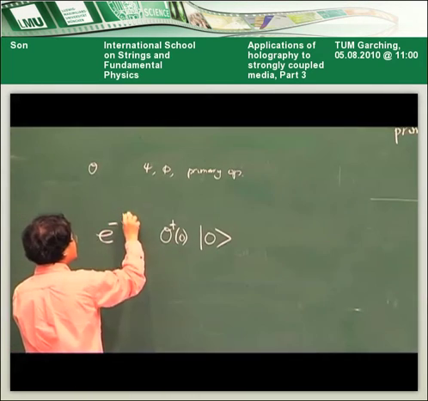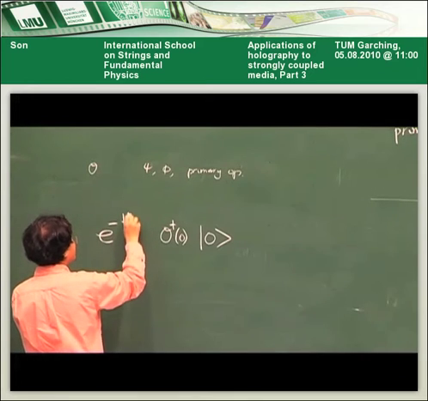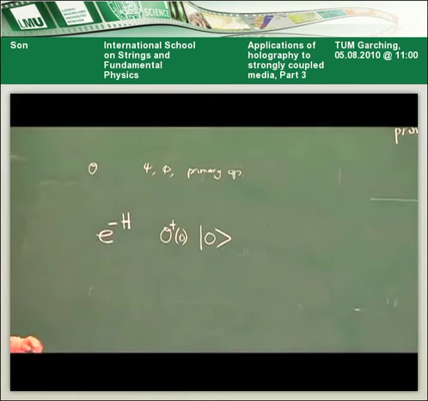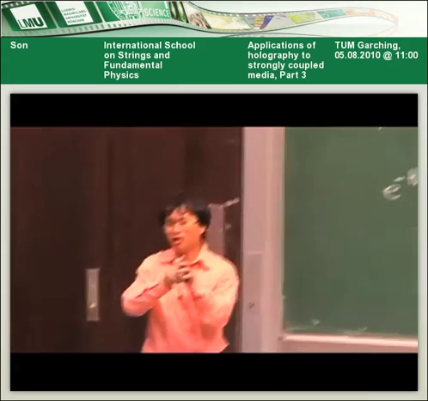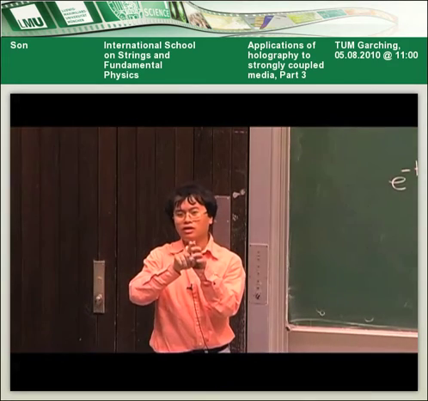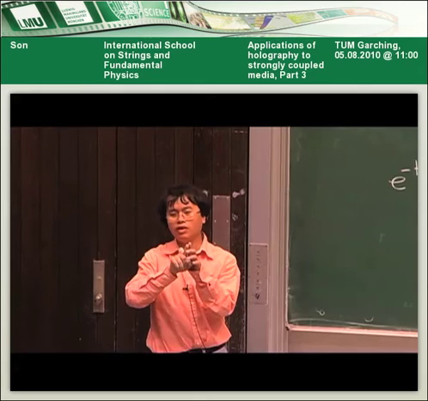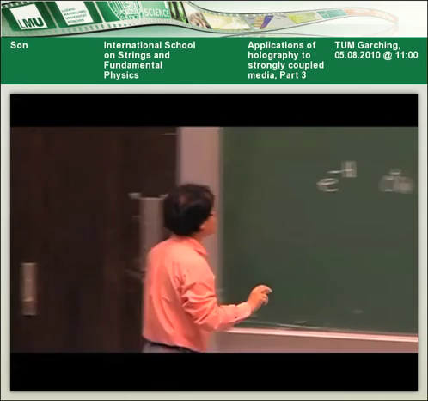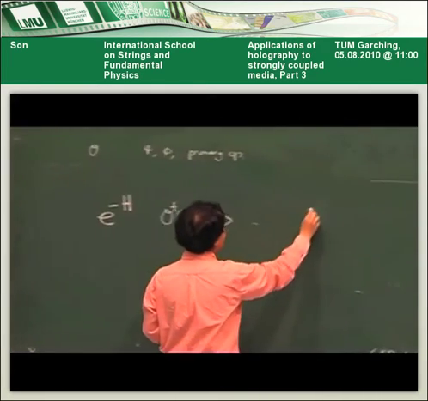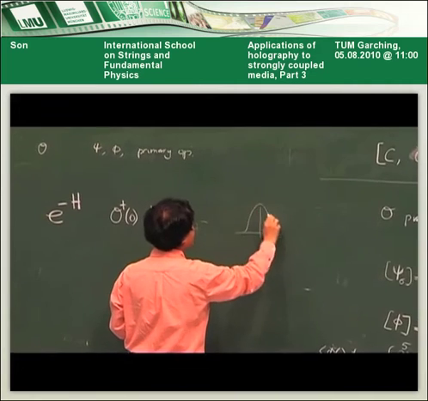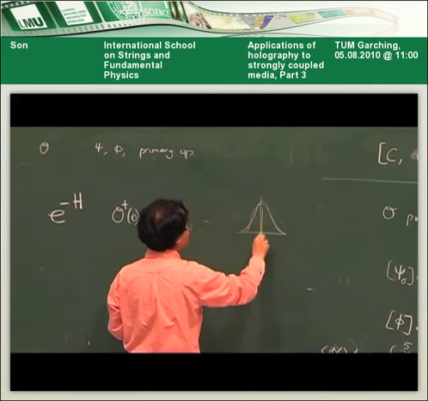We evolve this system with the Hamiltonian in imaginary time, and that will be equivalent to letting the particles diffuse from the origin. The Schrödinger equation in imaginary time is a diffusion equation. So roughly speaking, here we'll get a state whose wave function has a wave packet form.